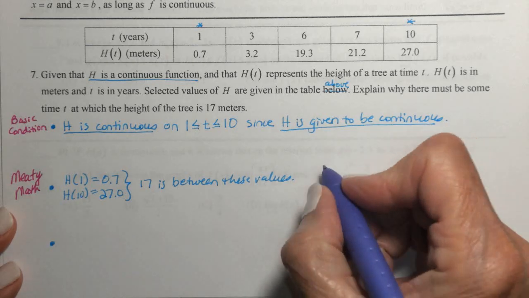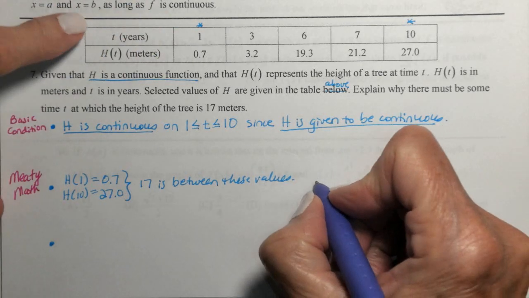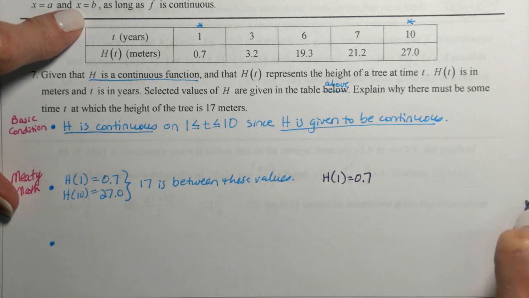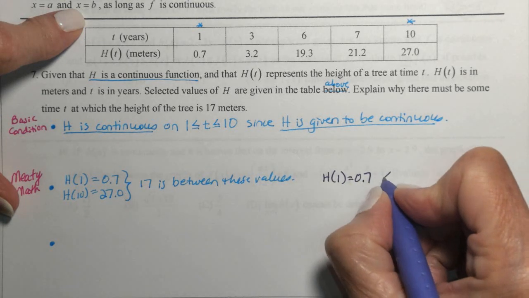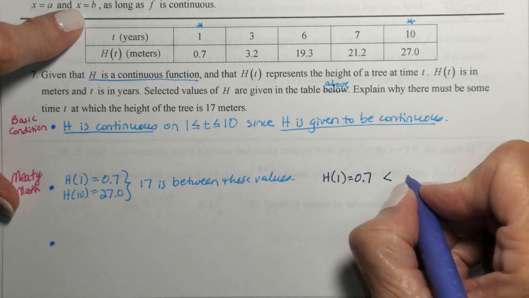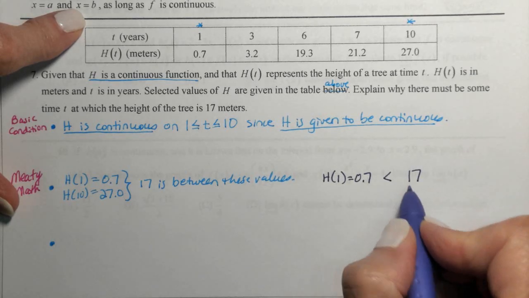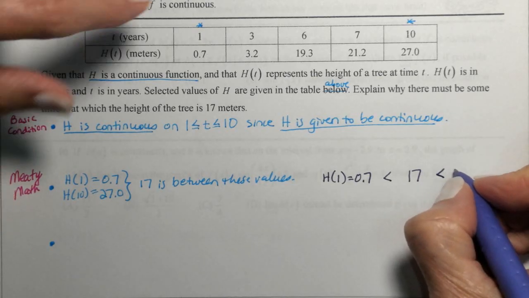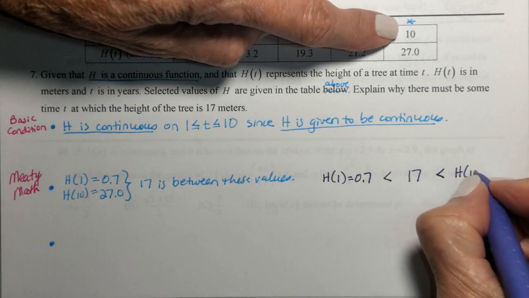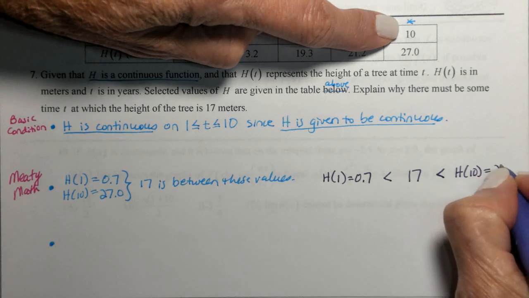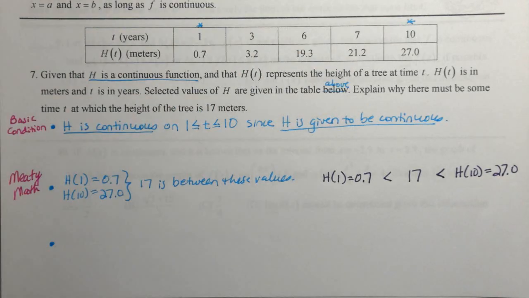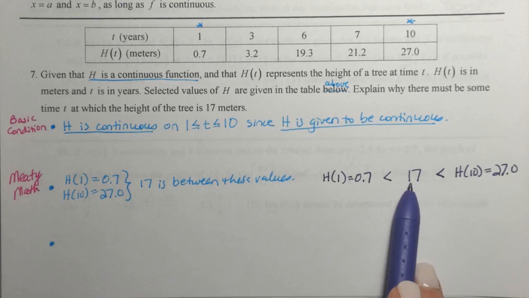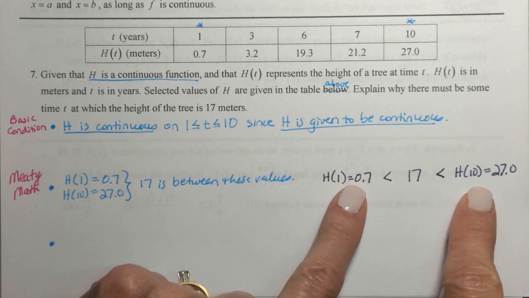We could say that h of 1, which is 0.7, is less than 17, but 17 is less than h of 10, which is 27.0. This is another way to say that 17 is between these two values.